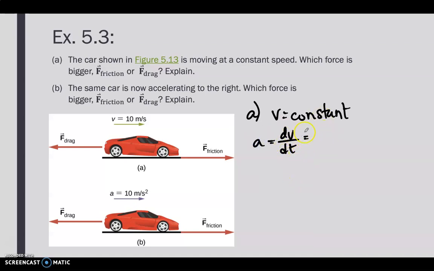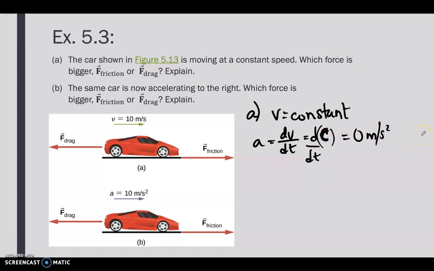So if our velocity is some constant, I can just put c for constant, and we take our derivative with respect to t of our constant, we'll just get 0 as our acceleration, right?